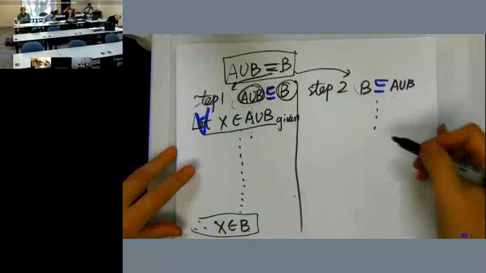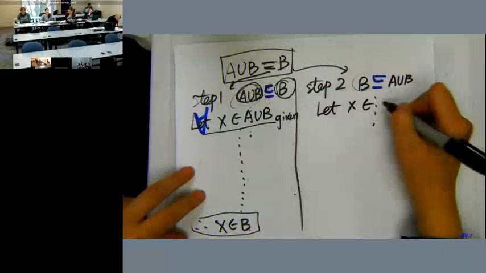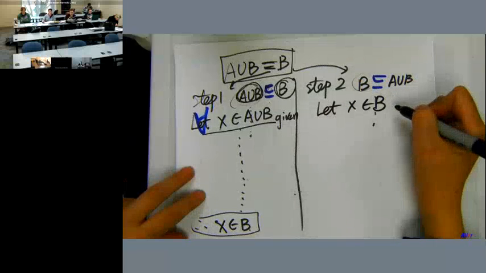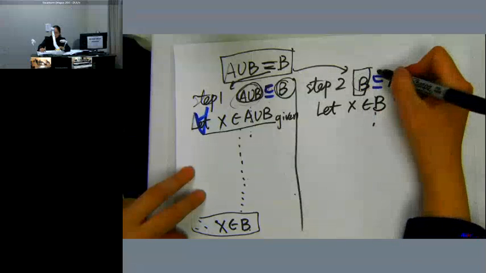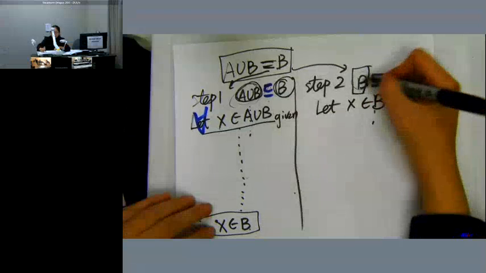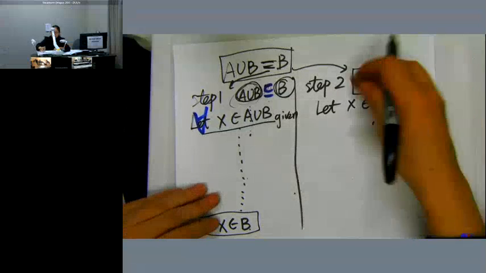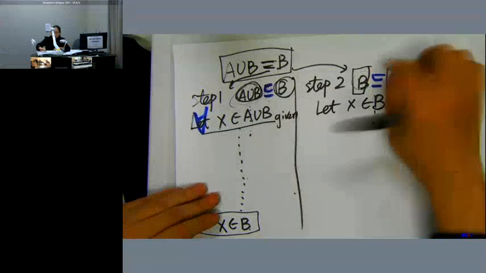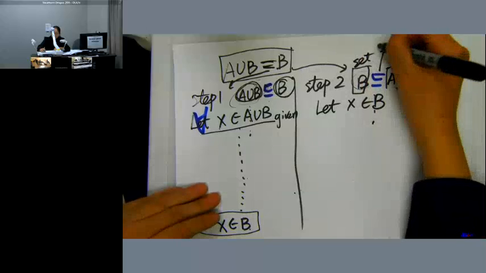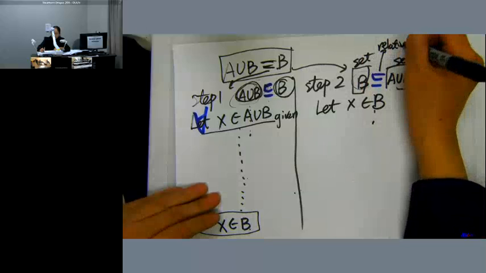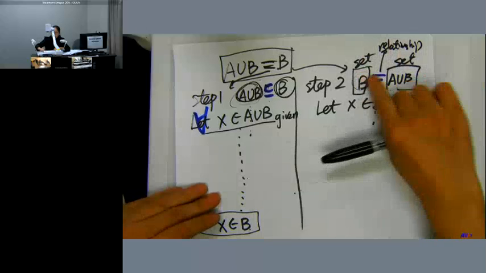Let X belong to B subset A union B. Or no. Okay, so you want to show only this. You're not showing the whole thing. These are 2 separate things. That is a set, and this is a set. This tells us a relationship between them. So you're trying to show this is a part of that.